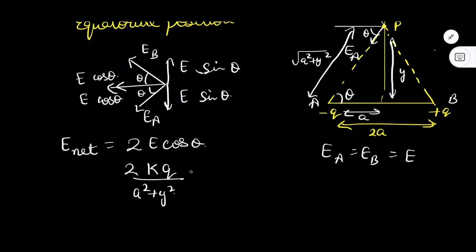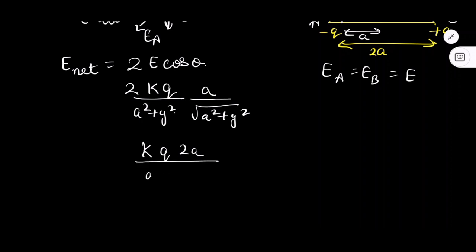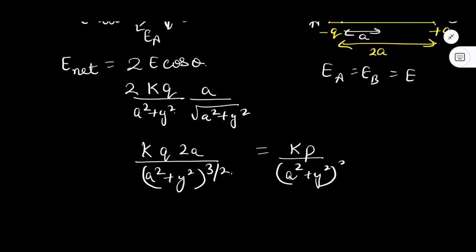Now cos theta is base upon hypotenuse, right? So the base will be a, and the hypotenuse is under root a square plus y square. Now we can solve it. It will be kq into 2a upon a square plus y square to the power 3 by 2, and we can write this as kp upon a square plus y square to the power 3 by 2.